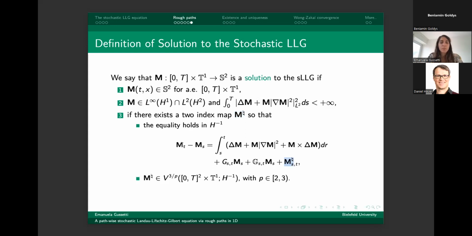So M natural is defined as this minus the sum, where the equality has to hold in H-1, but actually it will hold in L2, such that this remainder should be regular. So this is p-variation. I changed from alpha order to p-variation because in the rough path setting, we normally work with p-variation, but you can really think of alpha order continuity. So this is equivalent to some alpha order continuity with some scaling in 1/3, 1/2, plus the scaling in 3.